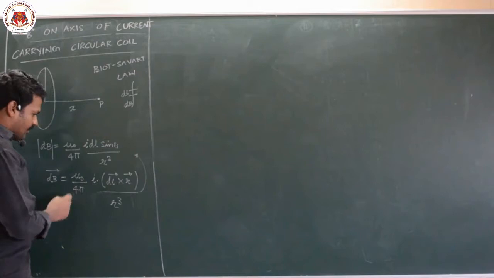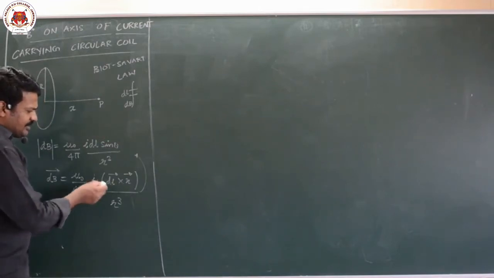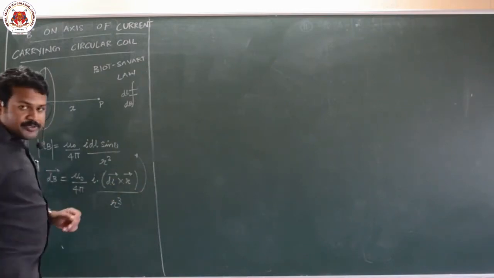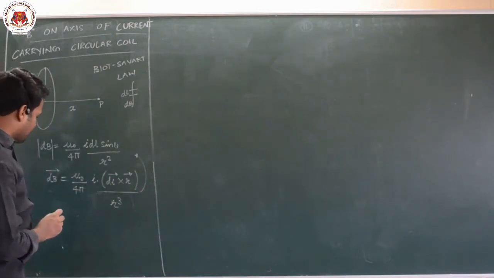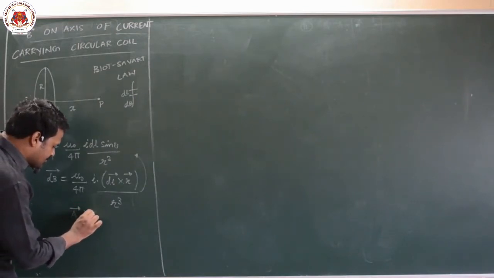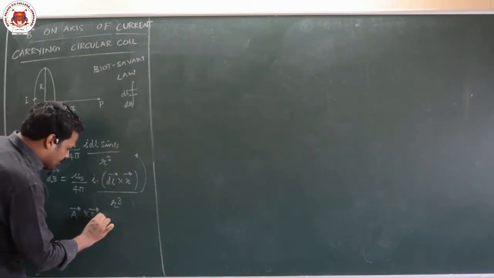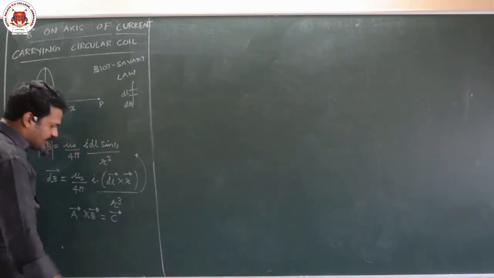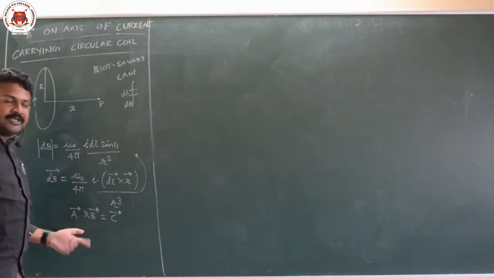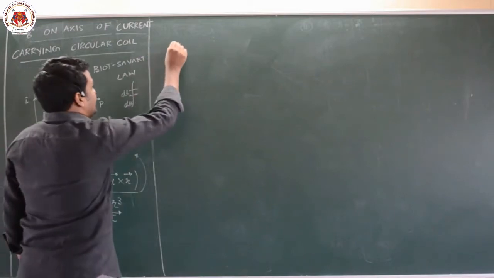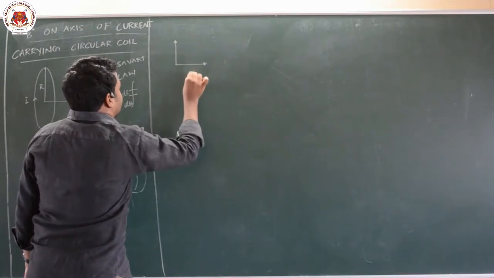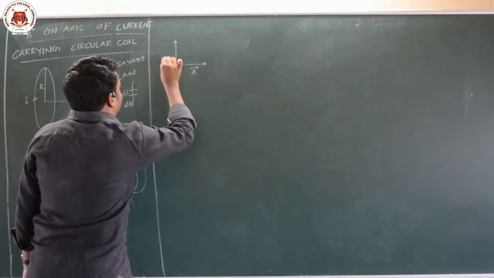Now, when you go back to your vector product in first year PUC, suppose you are doing the vector product A bar cross B bar equal to C bar. We have clearly seen that C bar is perpendicular to the plane containing A and B. Suppose these are the vectors, A bar and B bar.